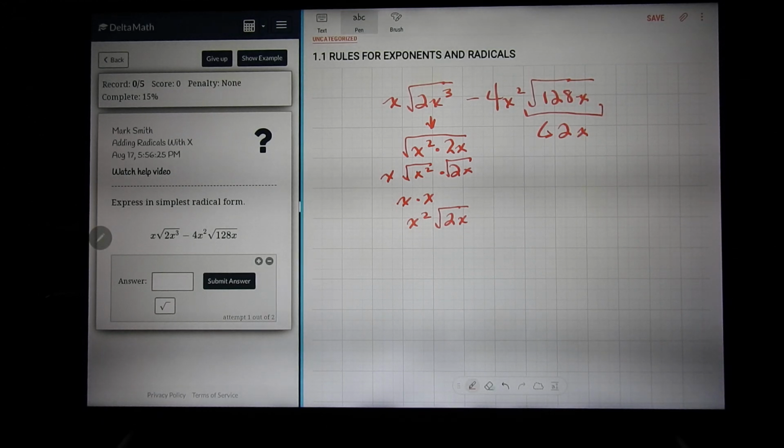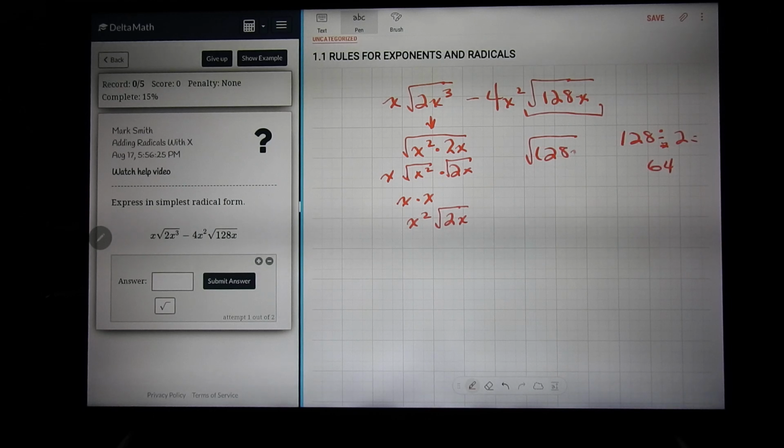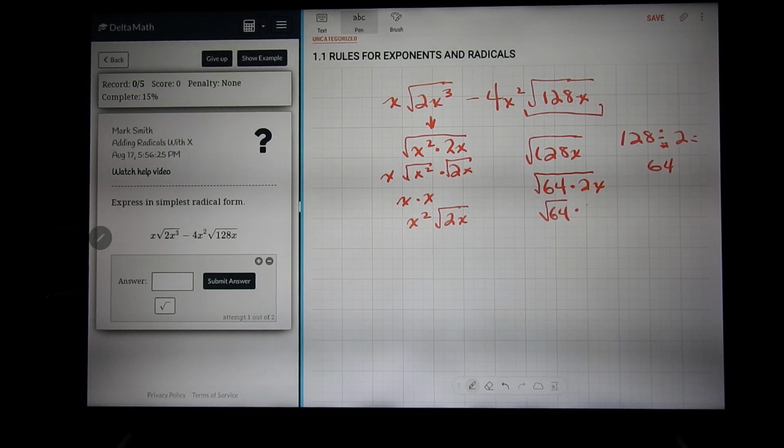So the first thing we're going to do is find out what 128 divided by 2 is. That is 64. So that means we can take this 128x and change it to 64 times 2x, and the square root of 64 is 8.